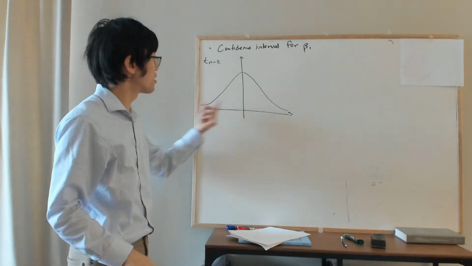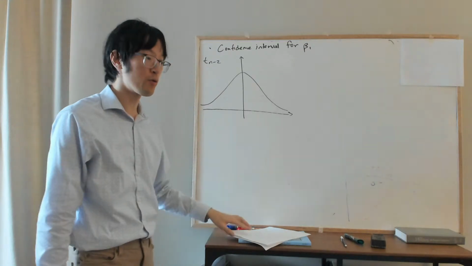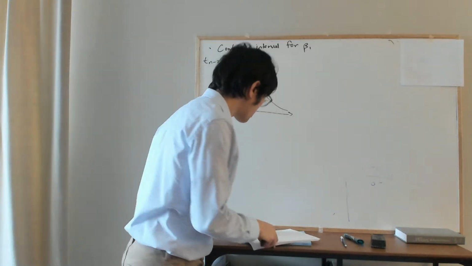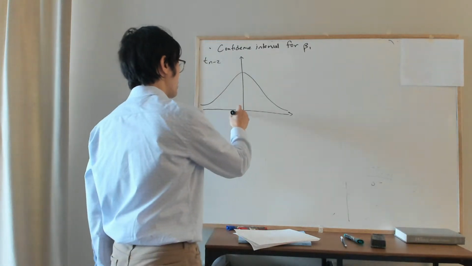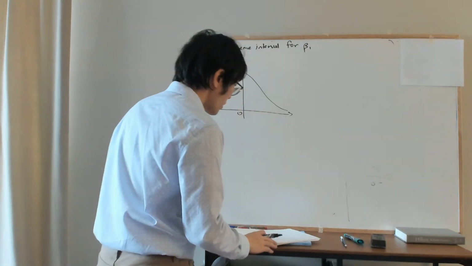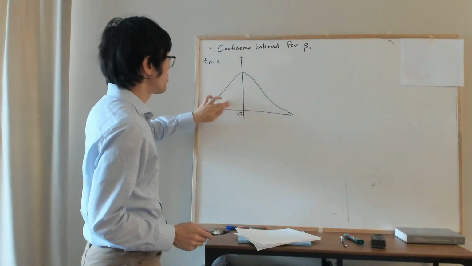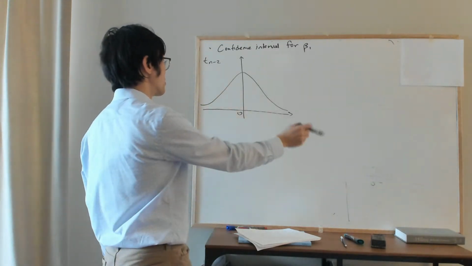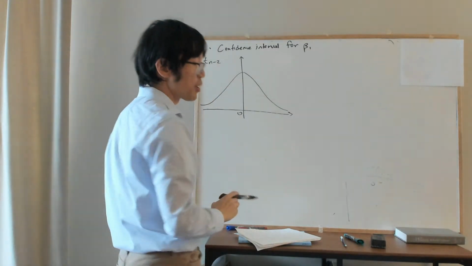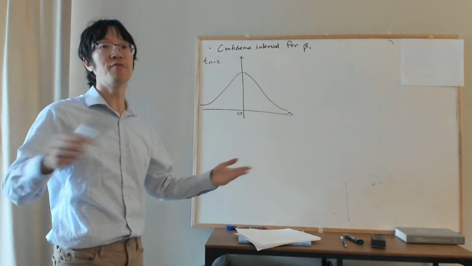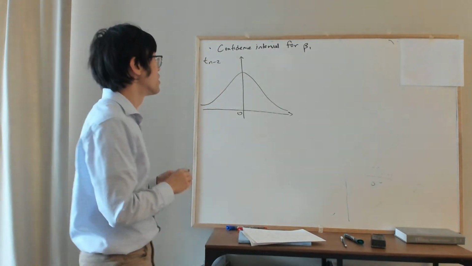So there's more density in the t distribution in the left and right tails compared to a normal. But otherwise it is symmetric and it has its peak at 0. When we construct a confidence interval, we need to use what we call quantiles from the t distribution. For example, you might want to do a 95% confidence interval, which is probably the most commonly used.